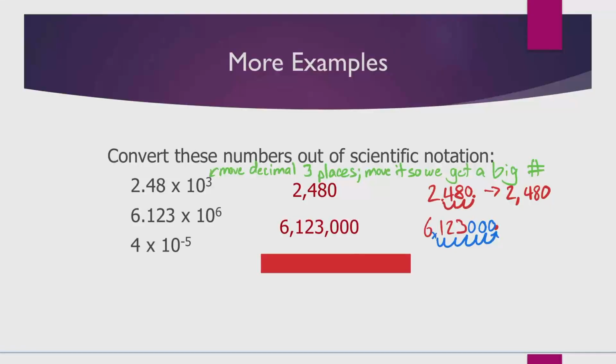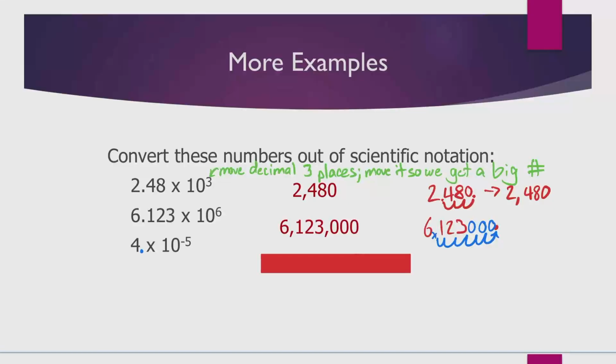We always have one number in front of our decimal when we're in scientific notation. So our hidden decimal lives right after the 4. This is important so that we make sure that we move it the correct number of places. So it's always going to be after that first number.